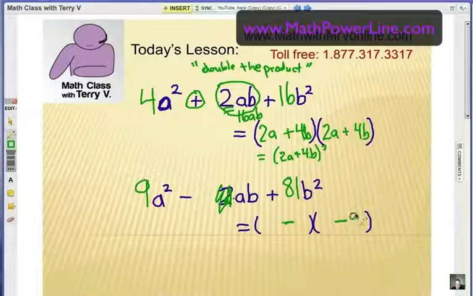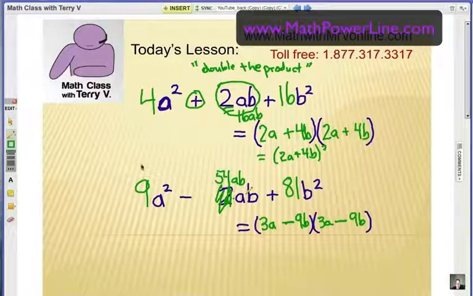I can factor that into 9b times 9b. So that would go there. And 9a squared would be 3a times 3a. And again, the shortcut is to double the product. Well, what's the product of a 3a and a 9b? 27ab. But don't forget to double it. So doubling 27 would be 54, and then the a and the b.